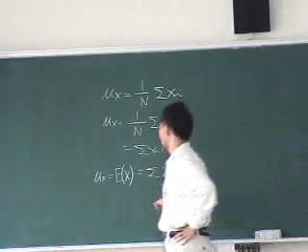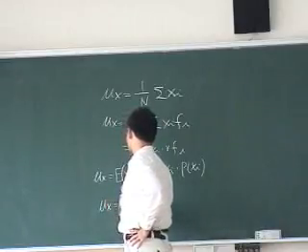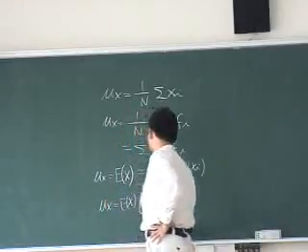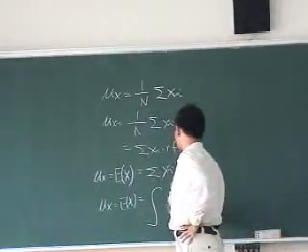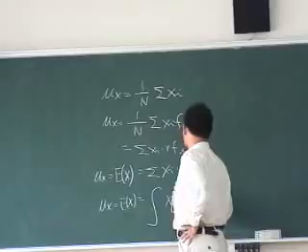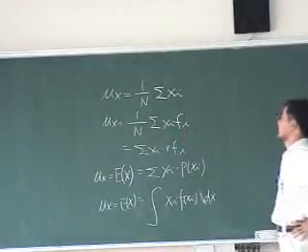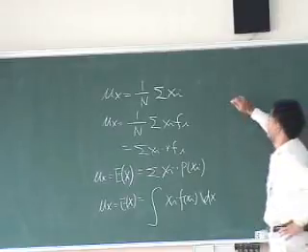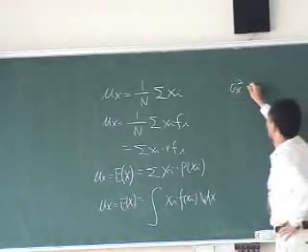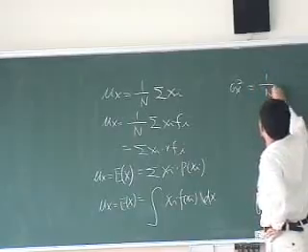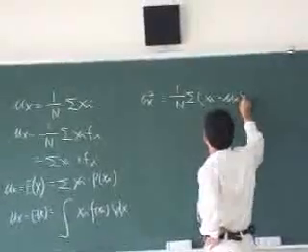For the continuous type, mu x, the expectation of x, is the integral of x f(x) dx. And then what about variance? For variance, we have sigma x squared, which is equal to 1 over n summation (xi minus mu x) squared.